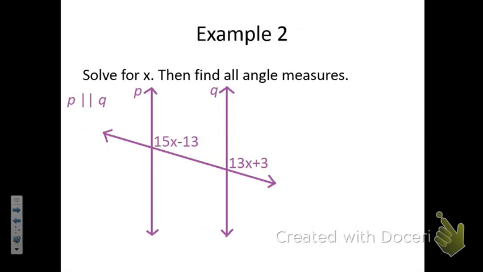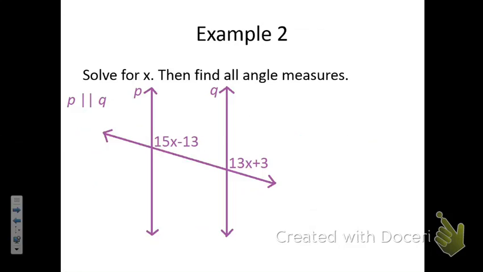All right, so in example 2, it says solve for X, then find all angle measures. Any ideas? Madison? How do you know you can set them equal to each other? Okay, P and Q are parallel. So, good.